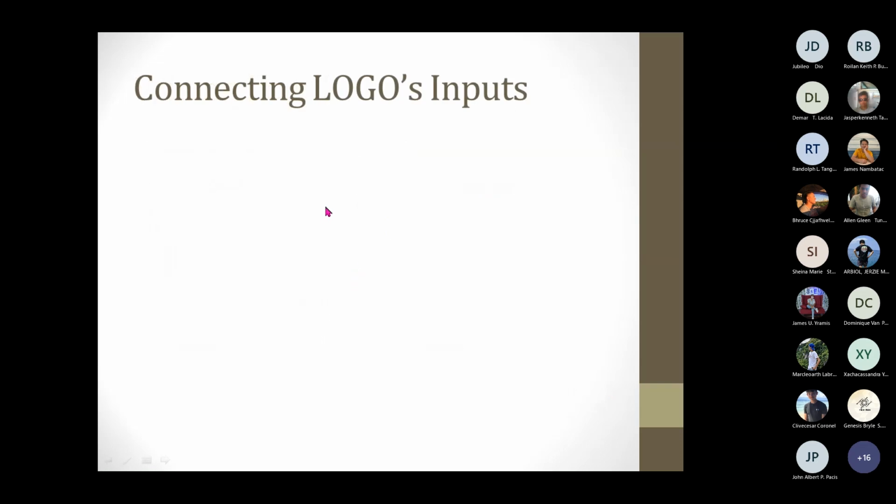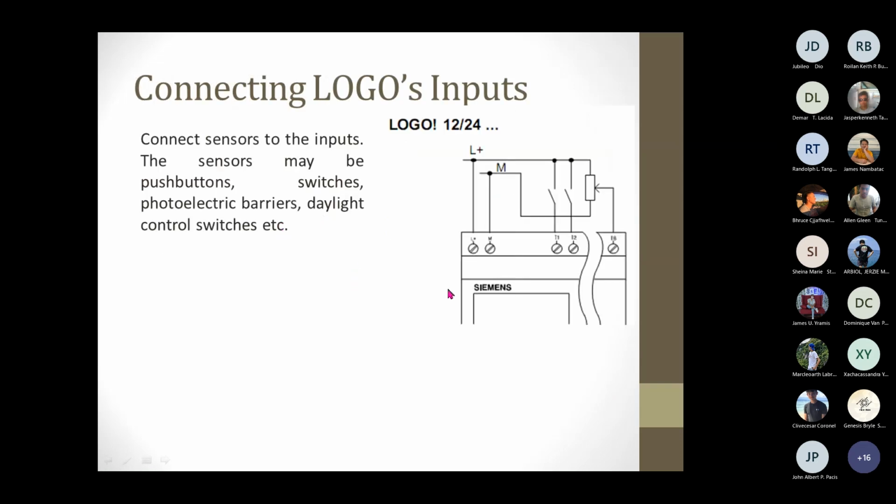How do we connect inputs? Inputs are connected in the PLC LOGO in a manner such that the positive terminal of the source is connected to one end of the switch, and the other end is connected to the input address. So Siemens LOGO, is it a sourcing type or a sinking type?